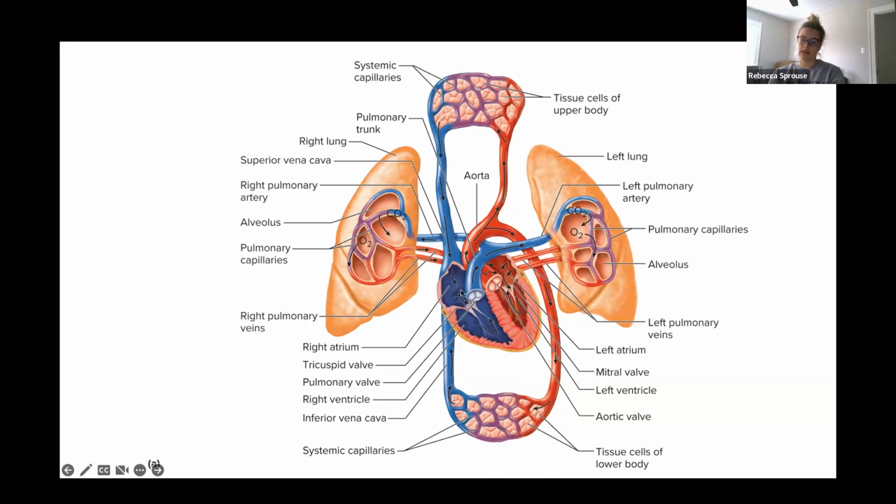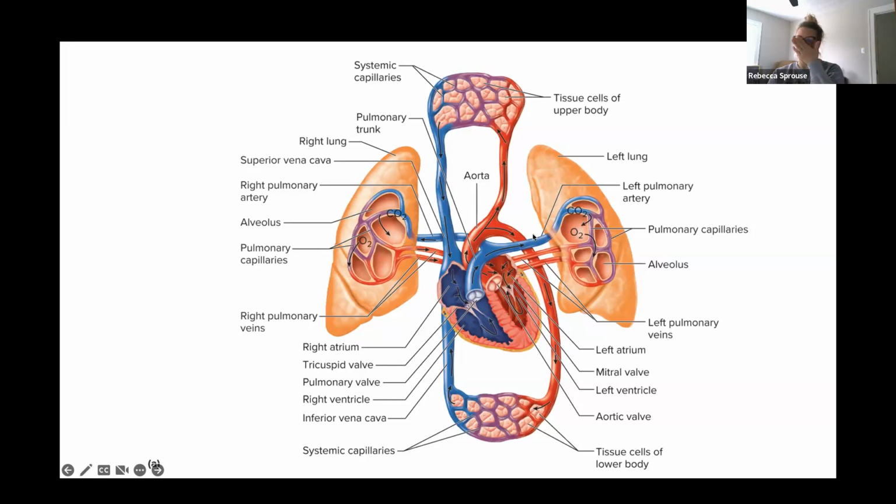Those are going to empty here into the right atrium, passing through the tricuspid valve into the right ventricle. The right ventricle squeezes, pushes blood through the pulmonary valve into the pulmonary trunk, which divides into right and left pulmonary arteries. And you can see those arteries actually going out to the lungs.